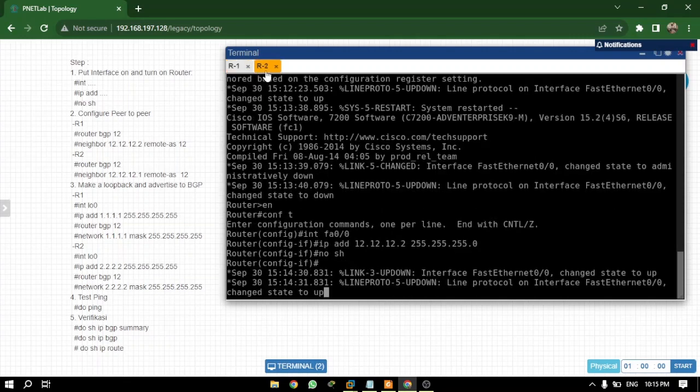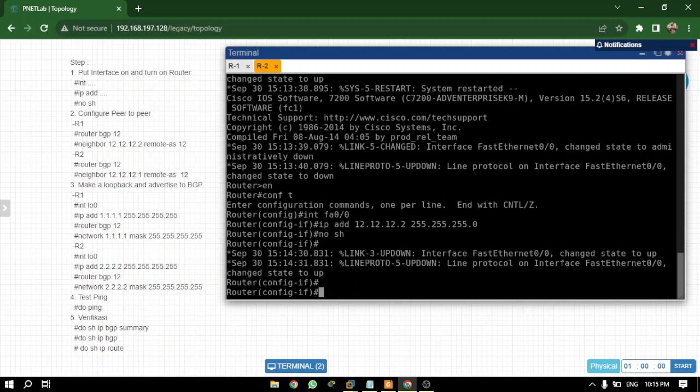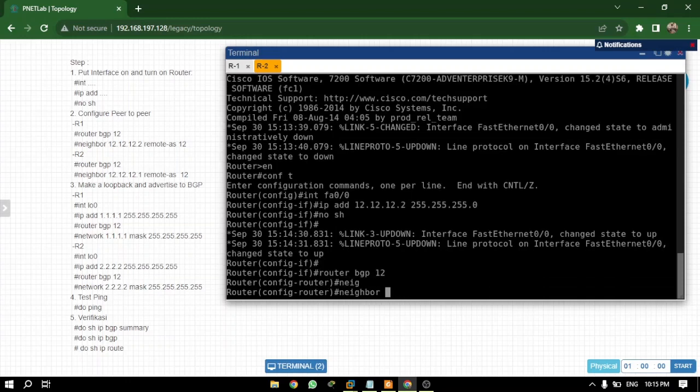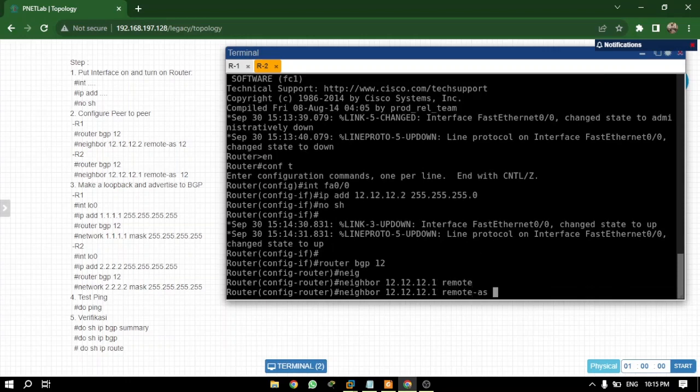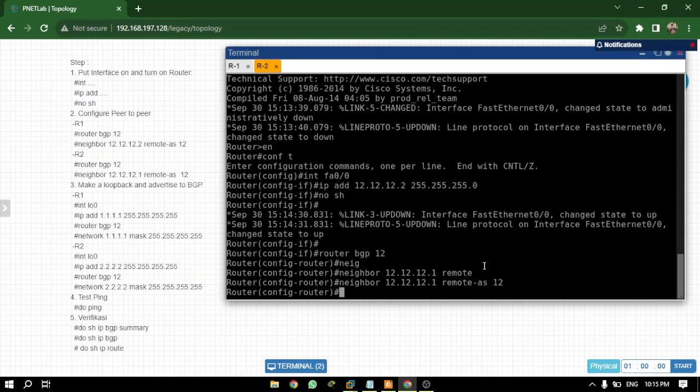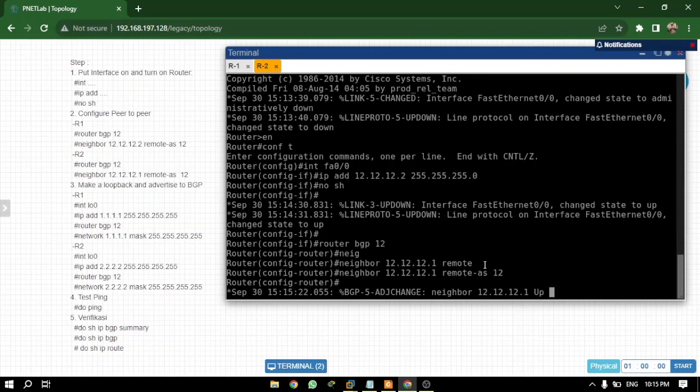Just the same on the second router: router BGP 12, neighbor 12.12.12.1 remote-as 12. Okay, now we did configure the BGP peer-to-peer.